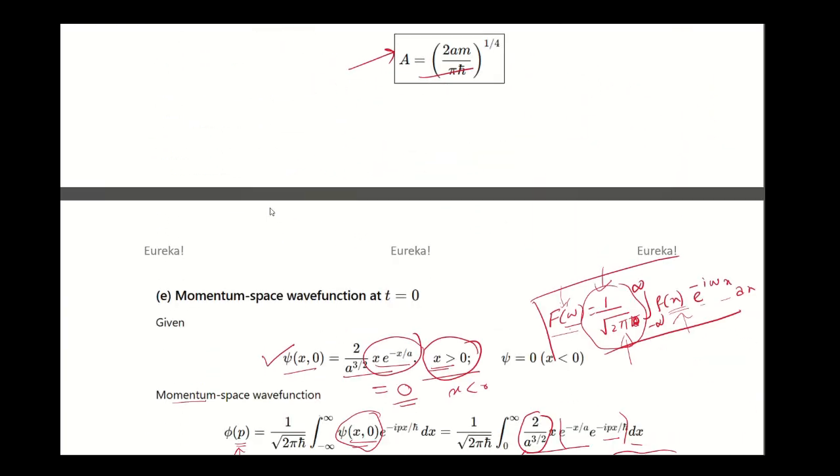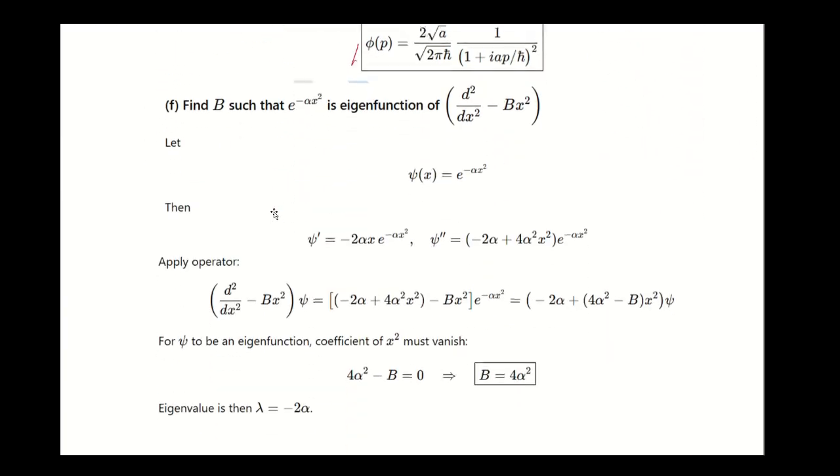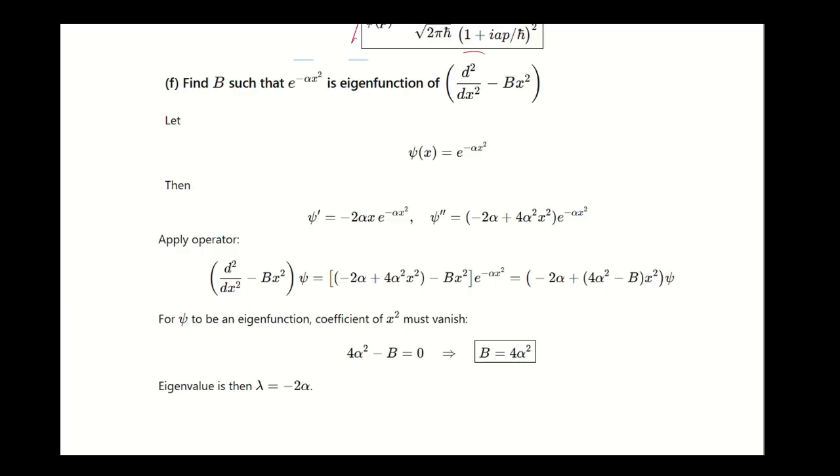The operator is given as d2/dx2 minus b x squared. Now our function is e to the power minus alpha x squared. So we have to show that this wave function is an eigenfunction of this operator.